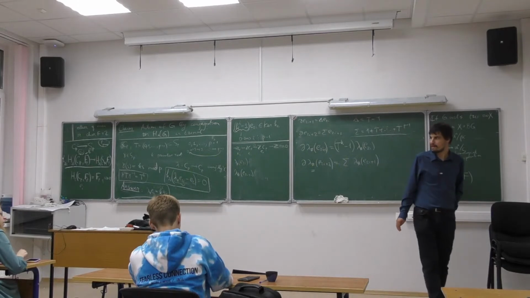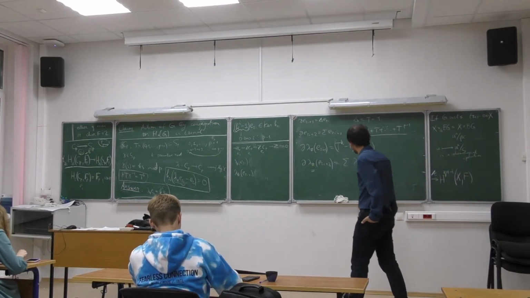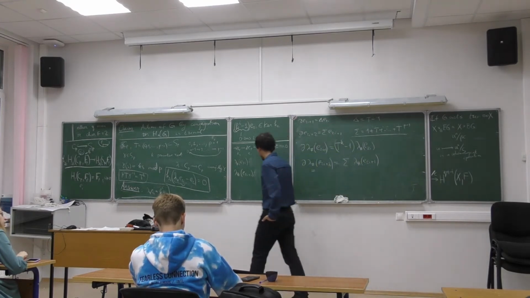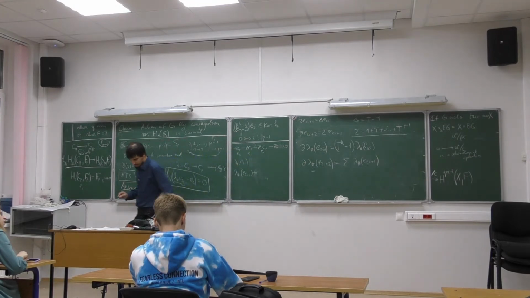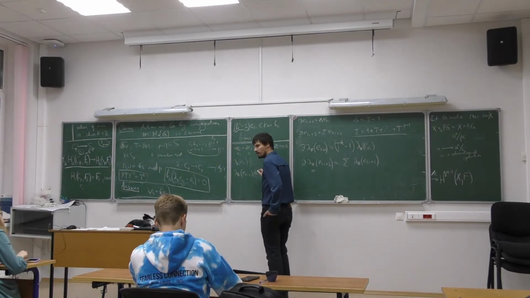We should multiply by t to the power. So one thought, maybe we should multiply by t to the power minus 1 plus etc. t to the power k minus 1, plus etc., plus 1.